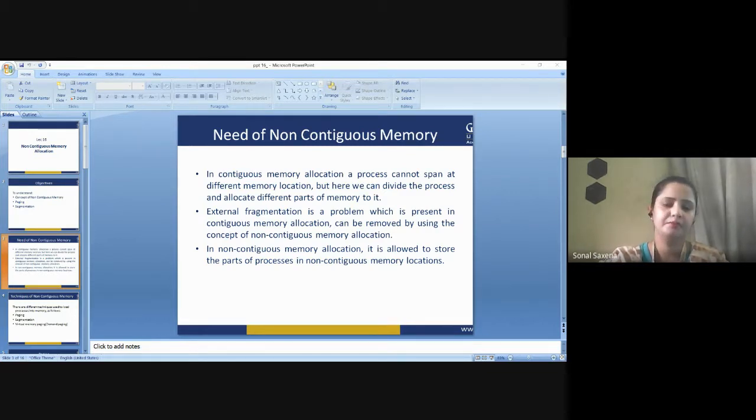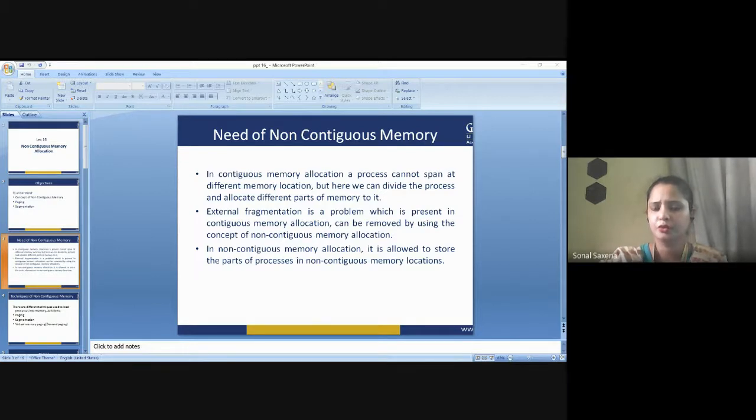The second important reason why non-contiguous memory is in use is that the major flaw of contiguous memory allocation was external fragmentation, which is present in abundance in contiguous memory allocation.